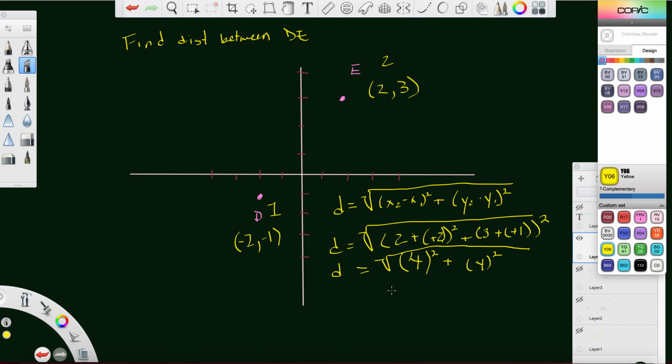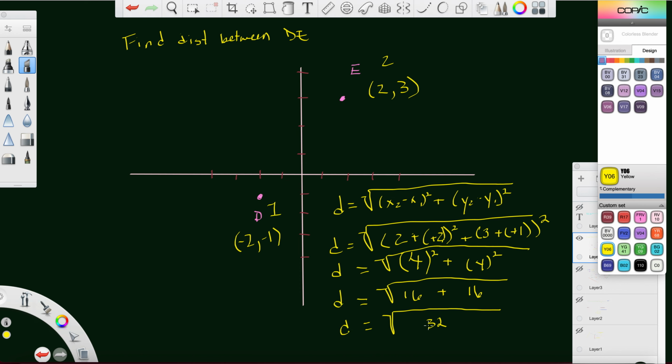So 4 squared is 16 plus 16 again, which is root 32. We know that 16 is a perfect square. If you want to leave it as root 32, you're really halfway there.